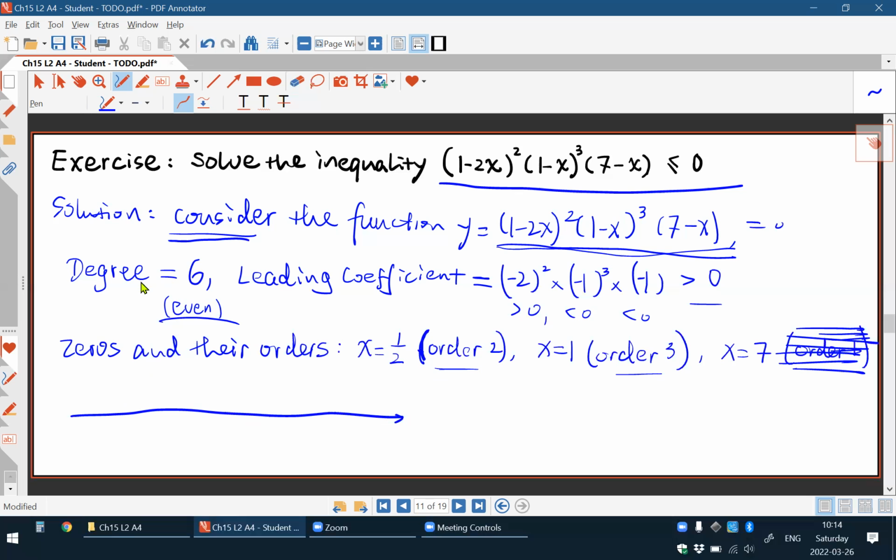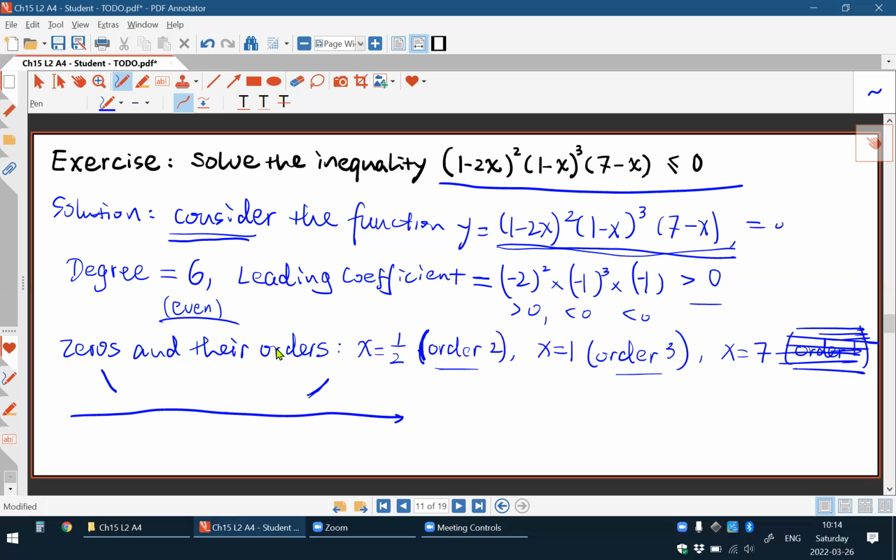The end behavior, as we said, if you have an even degree, it will go like this or this, right? But because the leading coefficient is positive, the end behavior will be like this. Because as x approaches negative infinity, y approaches positive infinity, and as x approaches positive infinity, y also approaches positive infinity.